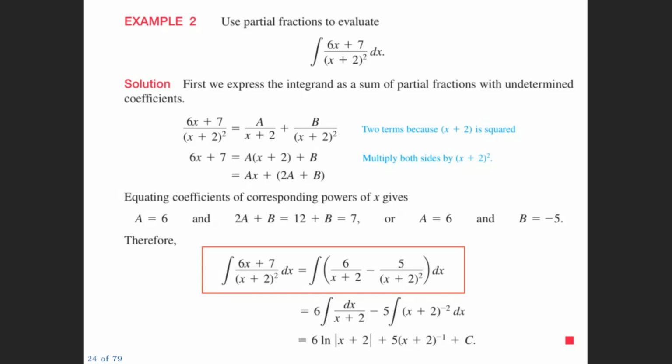You can read the details later, and you can check that when we do partial fractions, our integrand is the same as 6/(x + 2) - 5/(x + 2)^2. And this is now 2 easy integrals. Do these 2 easy integrals and we get our answer.